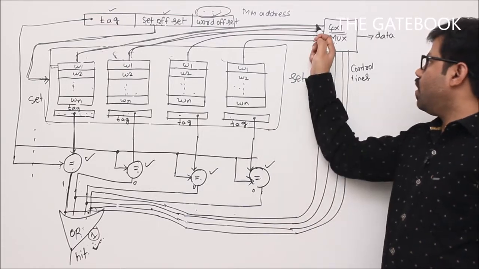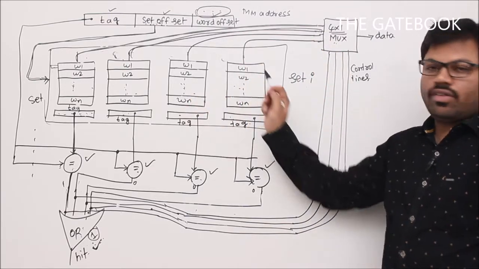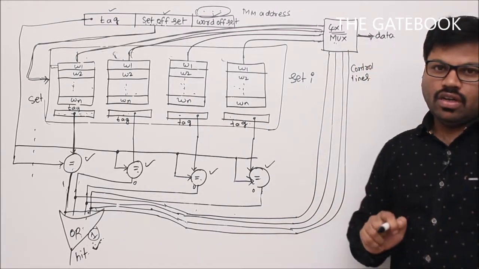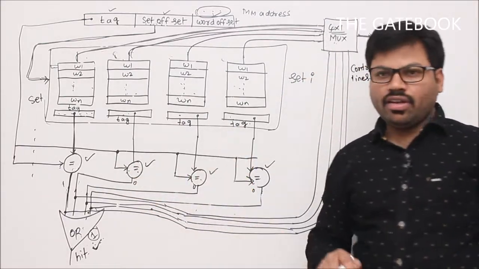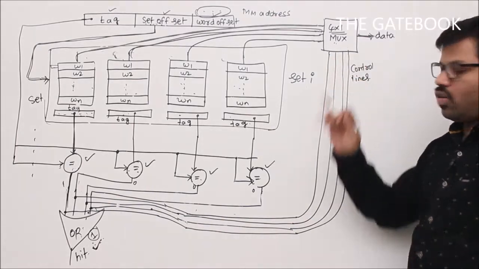What are the inputs for this 4x1 multiplexer? All these blocks. One of them has to be selected, and that will be the right block. But who will decide that? These comparator results. All the comparator results are connected to the control lines.